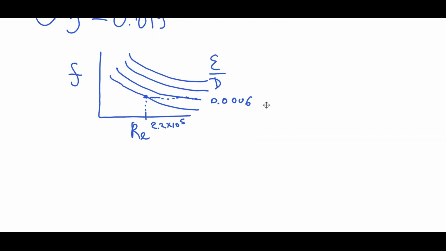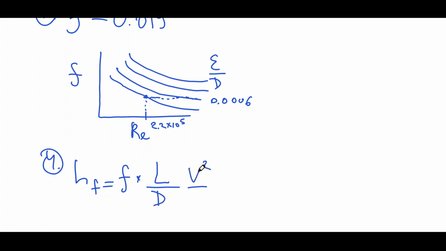Finally, we go to the last step where we have to plug everything into the formula to get our friction loss. So friction factor was first in this formula, then it was our distance over diameter, velocity squared, divided by 2 times gc. Now, friction factor was 0.019.